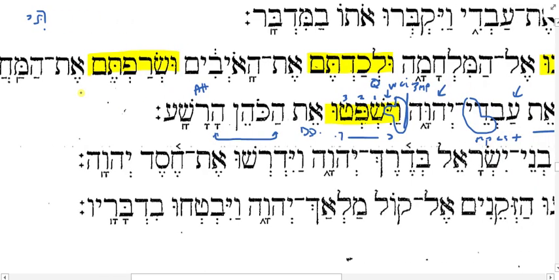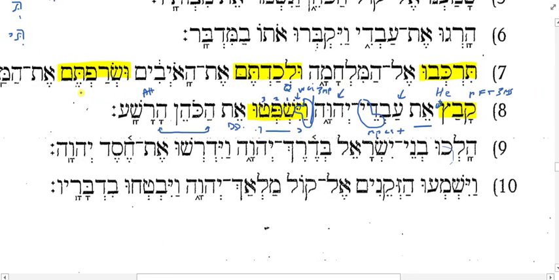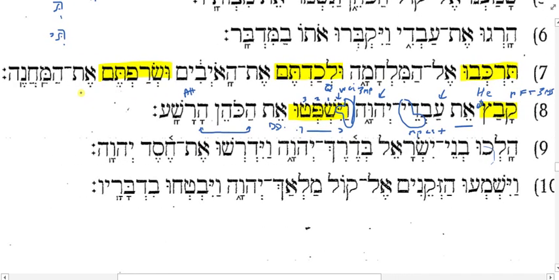All right. So, let's just take a quick peek at the verb forms here. So I've got 3 clauses that all begin with verbs.